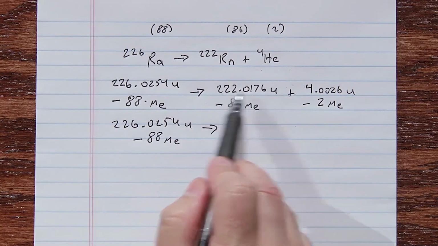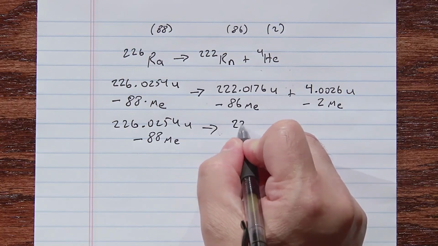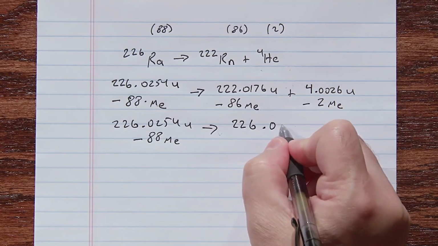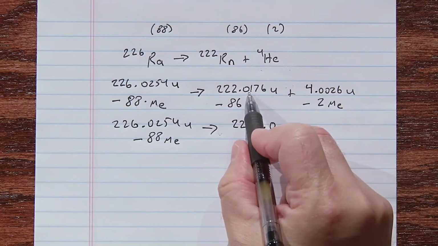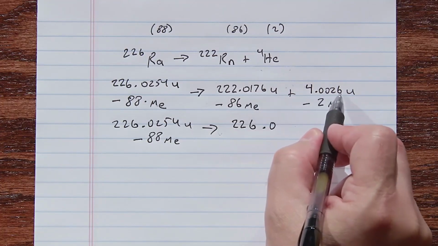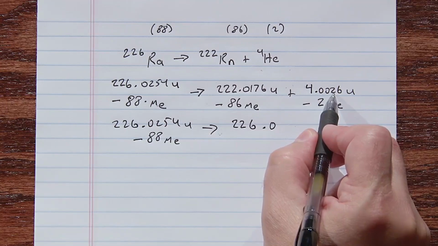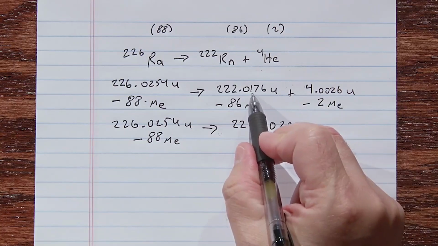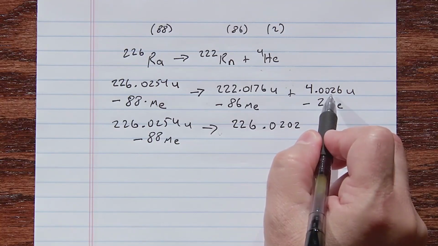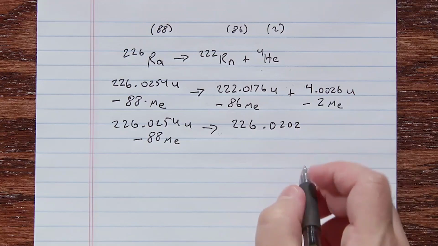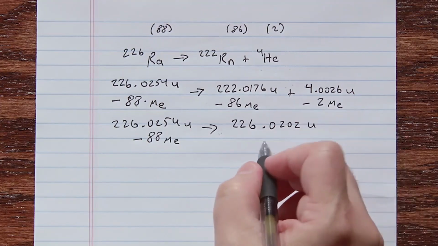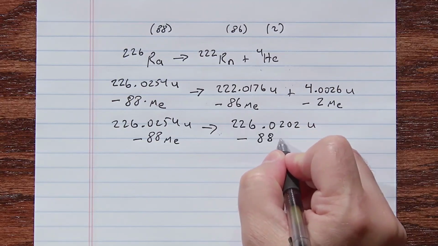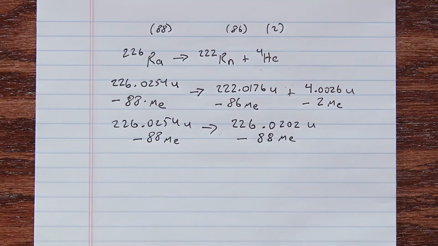And that becomes, let me add these two numbers together, 222.0176 plus 4.0026, that would be 226.0202 atomic mass units, minus the mass of 88 electrons.